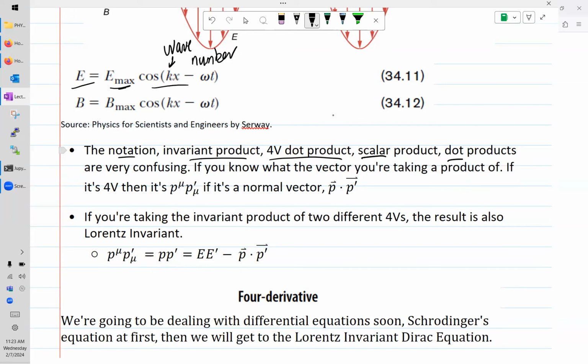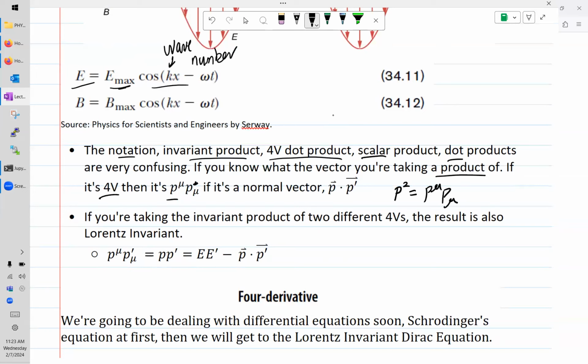If we're asking for the product, whatever you want to call it, of a 4-vector, you are always calculating the contravariant dotted with the covariant. In the normal sense, whenever someone says p squared in this book, they really mean p mu p mu.